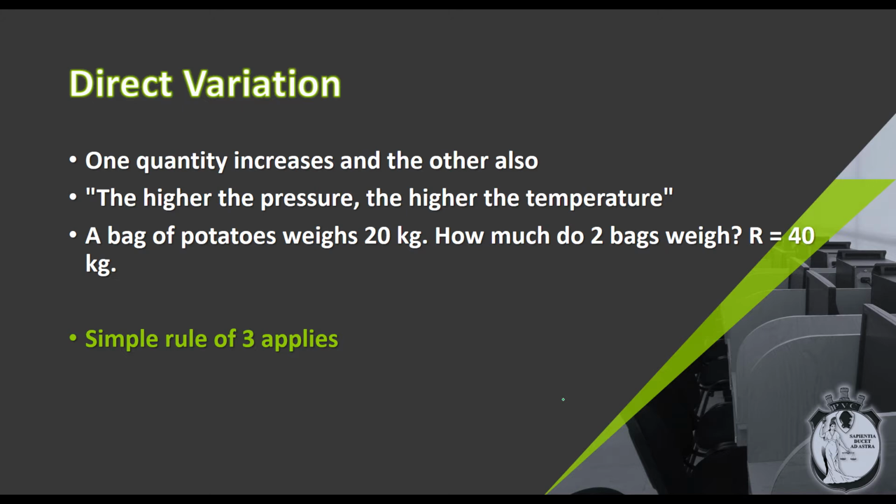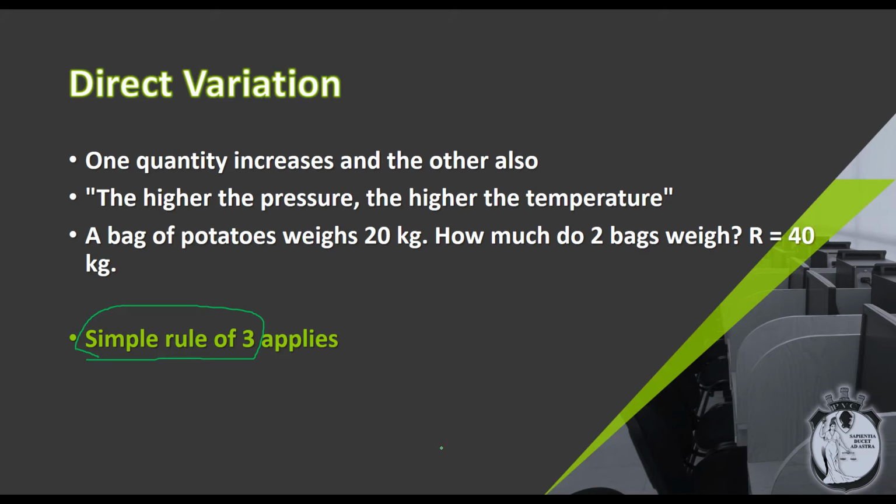Now, direct variation. In that case, one quantity increases and the other too. For example, the higher the pressure, the higher the temperature. To solve that kind of exercises, you need to apply the simple rule of 3.